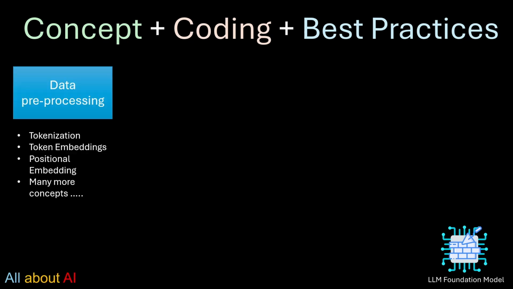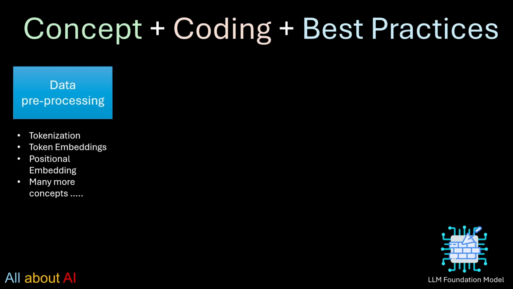In track 1, first we'll start with data pre-processing. We'll go very deep in some of these topics. We'll start with data acquisition. But again, this track 1 is focused on beginner-friendly, bottoms-up large language model creation.